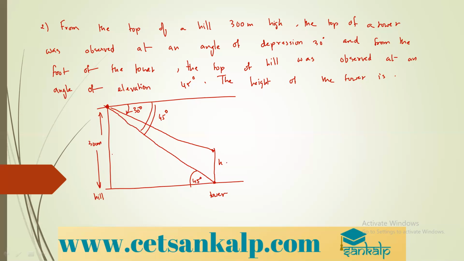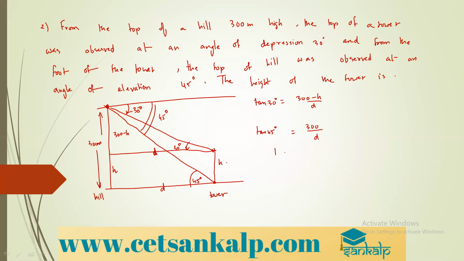So I will draw a line parallel to the ground, because this angle I can take as 30 degrees. This is h. So the upper part will be 300 minus h. Now, suppose this I will take it as d. I can write tan 30 degrees is equal to 300 minus h by d. Similarly, tan 45 degrees can be written as 300 by d.